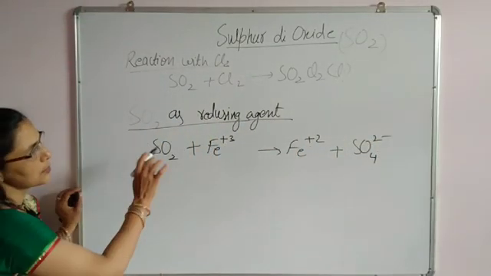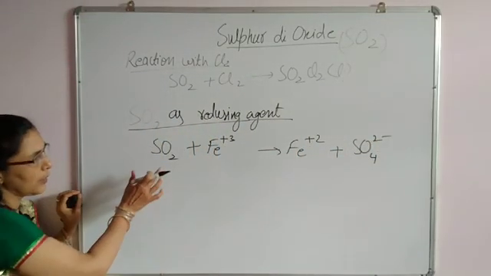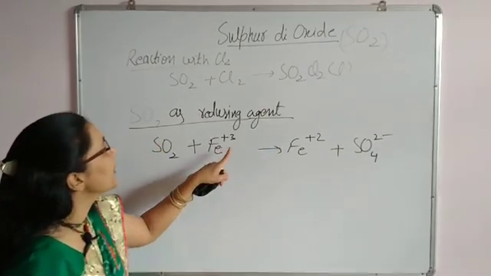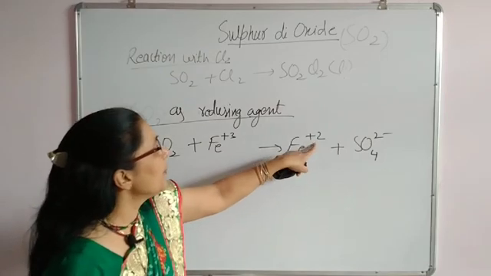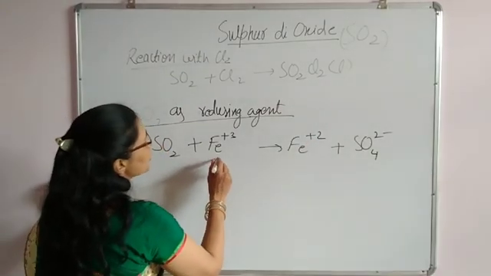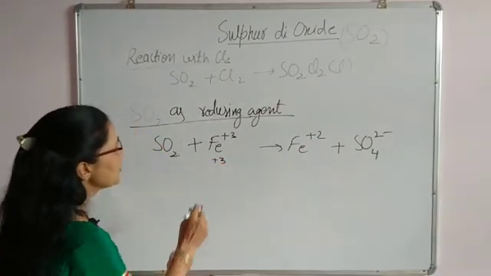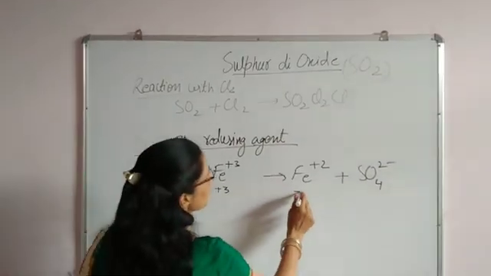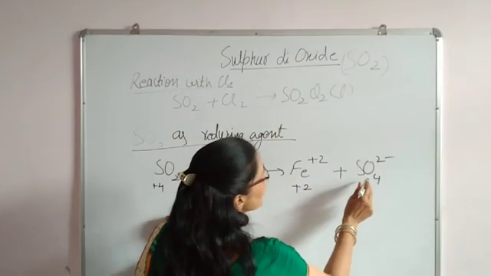Now this is the part that you have to remember, that SO2 will convert into sulfate and Fe plus 3 will convert into Fe plus 2. It means oxidation state of this iron is 3, here oxidation state is 4, here oxidation state is plus 2 for sulfate.